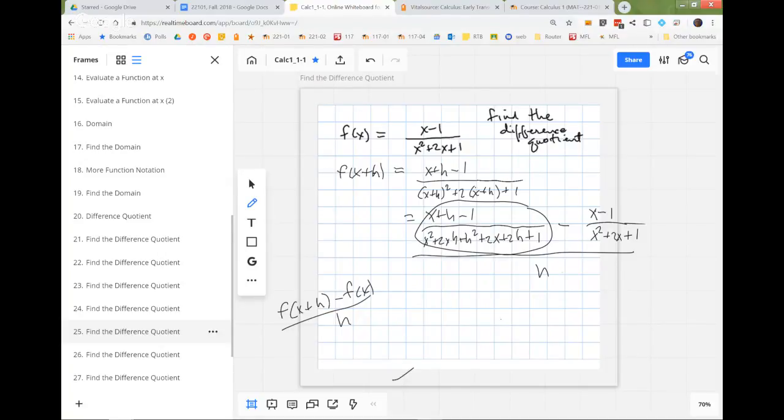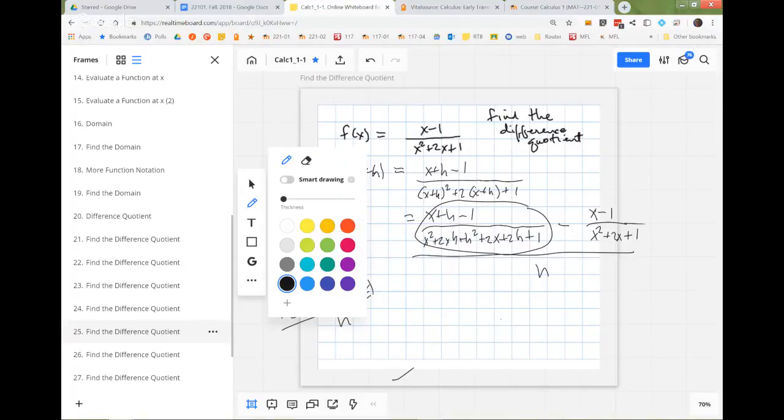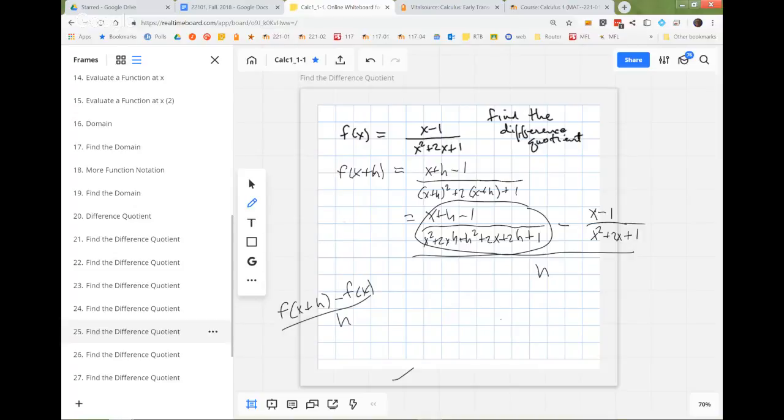Well, how are we going to get that f of x plus h minus f of x together? Well, the answer is we need to get a common denominator. So let me do this in red to differentiate here.